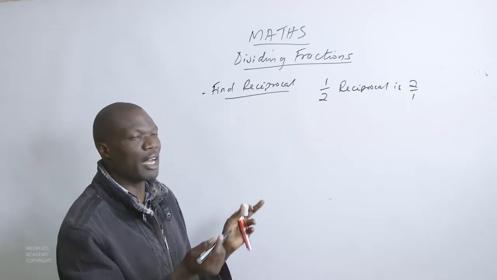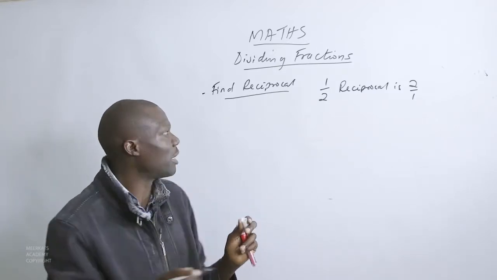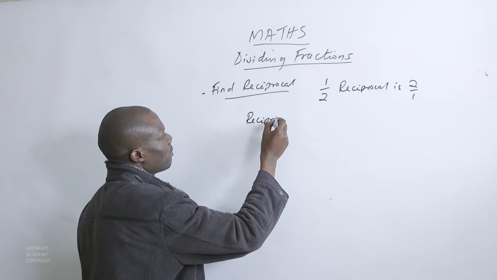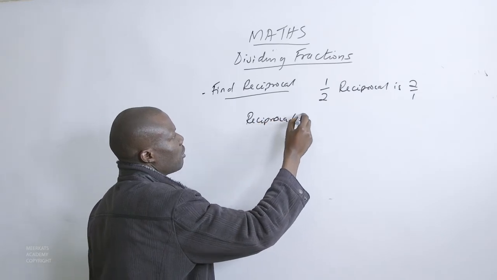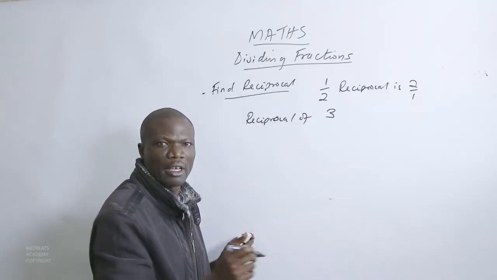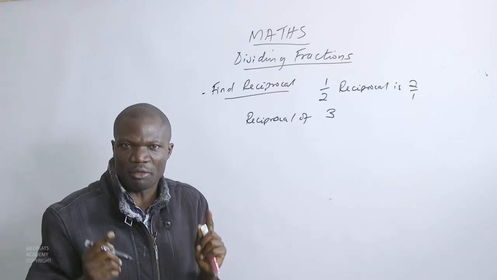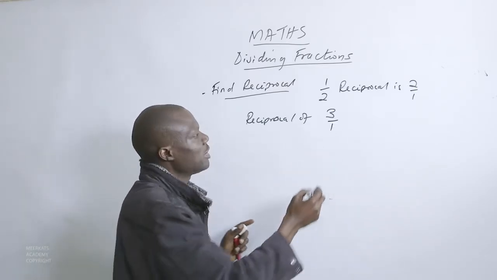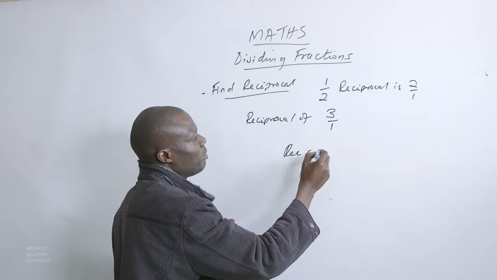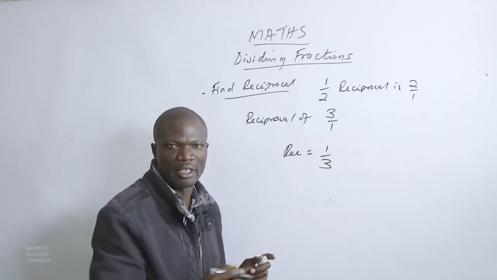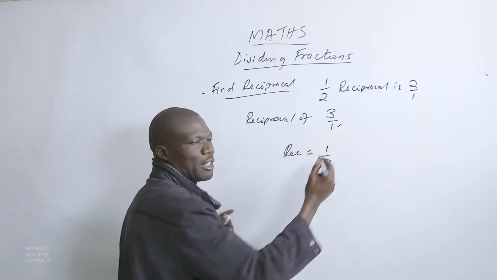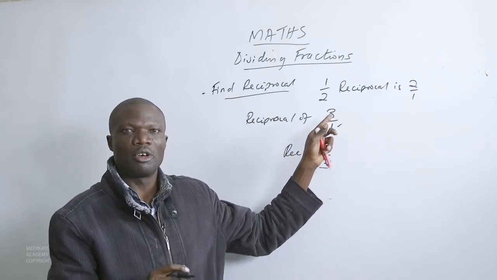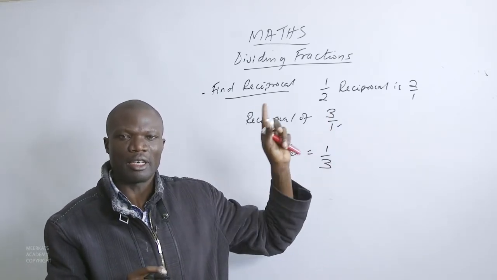At times you will be asked, what is the reciprocal of a whole number? So to find the reciprocal of a number like 3, we introduce a fraction by making it 3 over 1, so that its reciprocal will be 1 over 3. By introducing the denominator of 1, we are able to swap the denominator and the numerator.